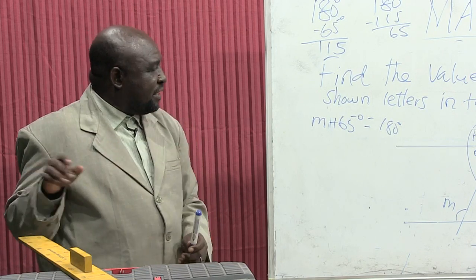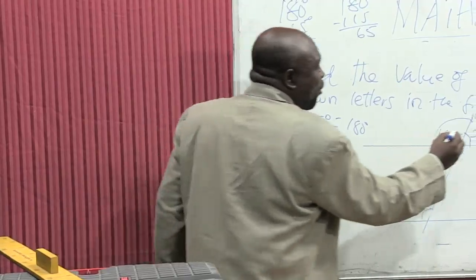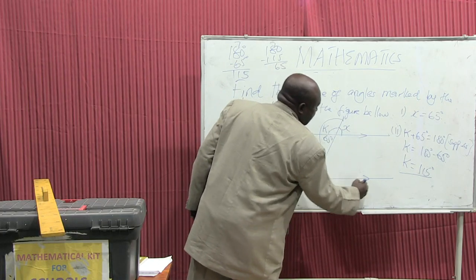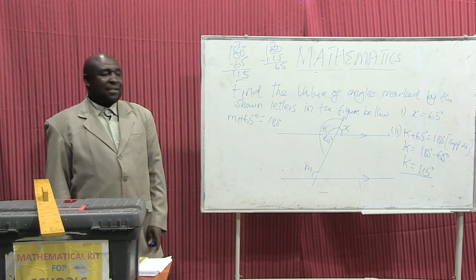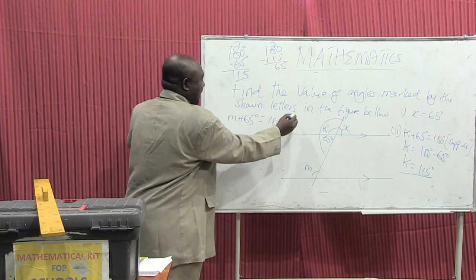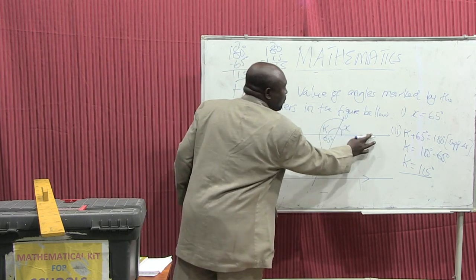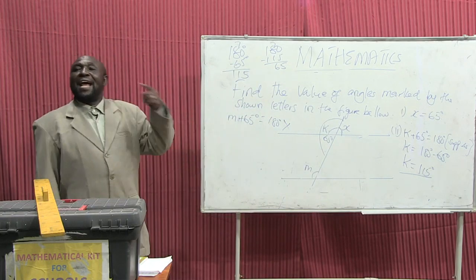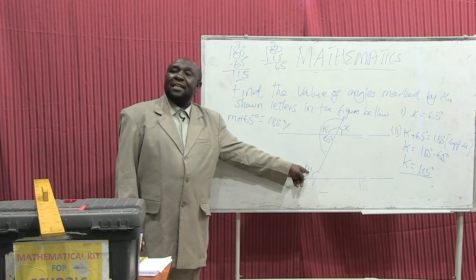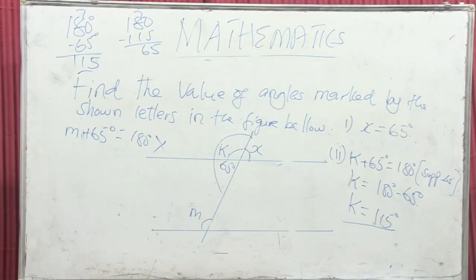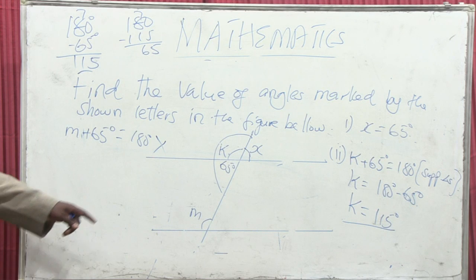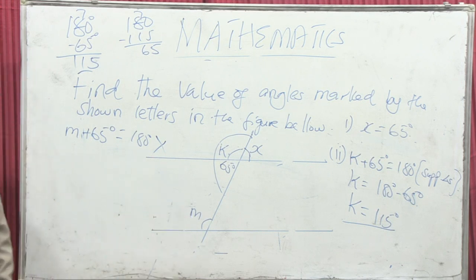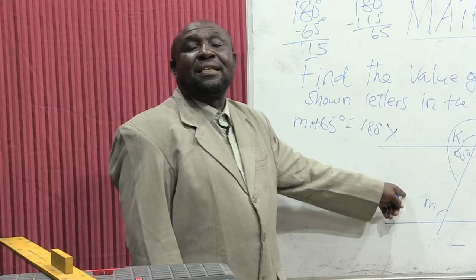Look, my friend, your diagram doesn't have parallel lines. So this one is wrong because there is no parallel line. If there is no parallel line, you cannot calculate the value of M there. Okay?